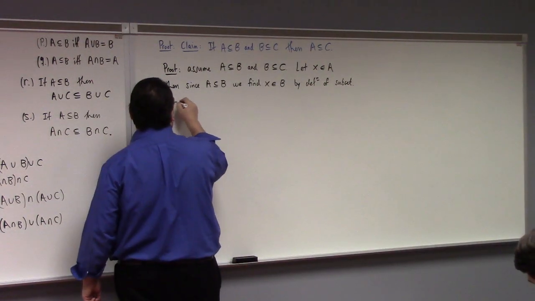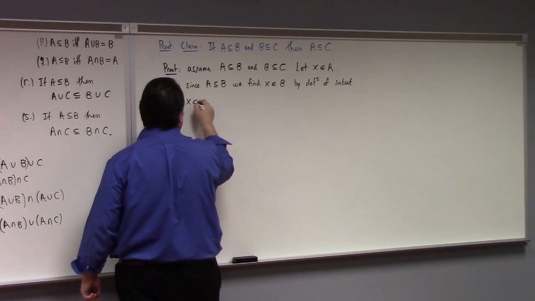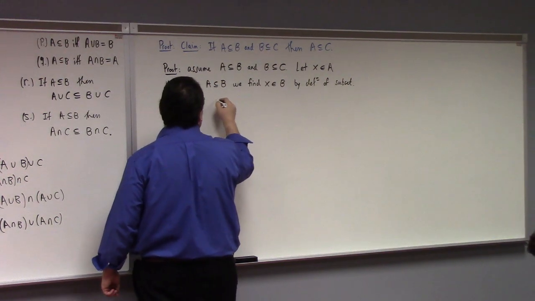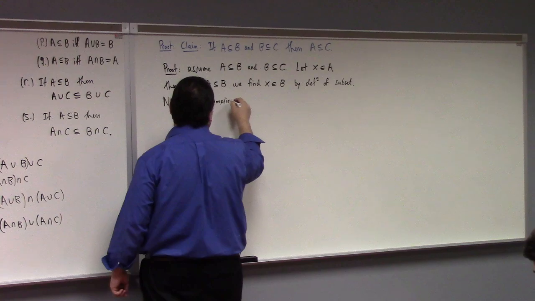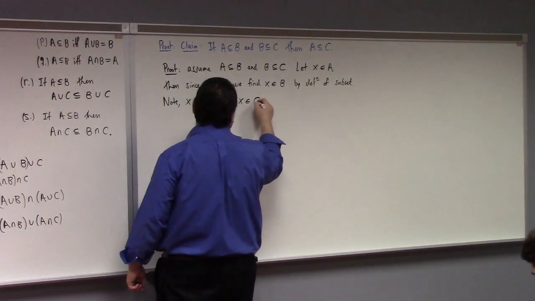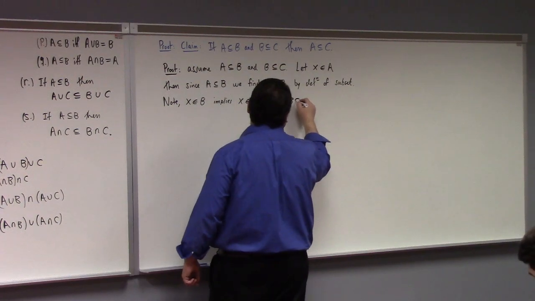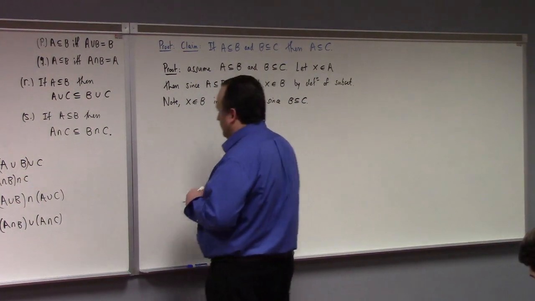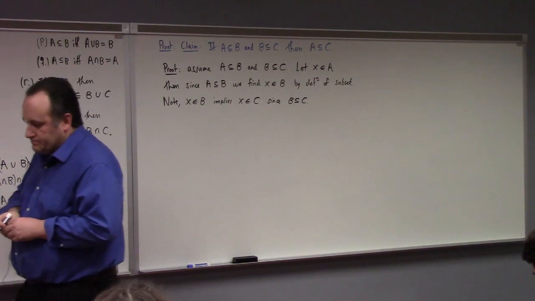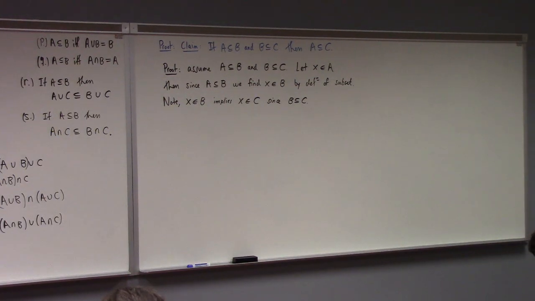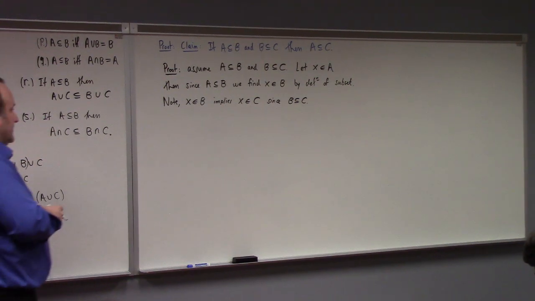Note, X is an element of B implies X is an element of C, since B is a subset of C. All right? Thus what?